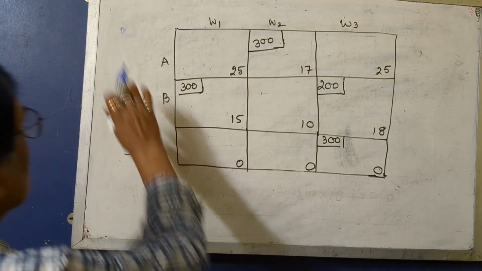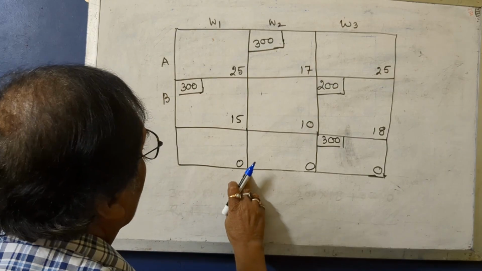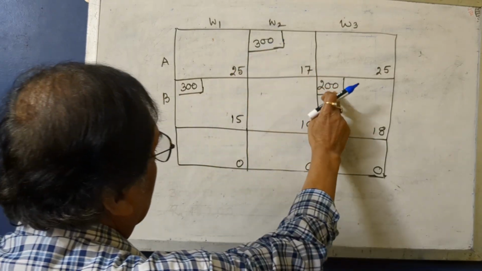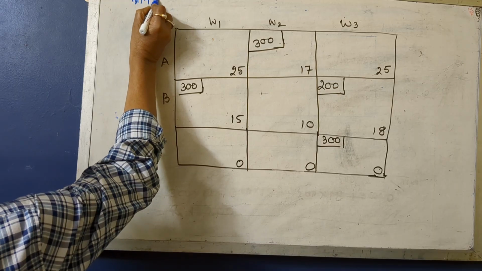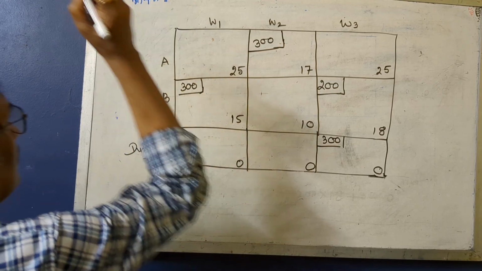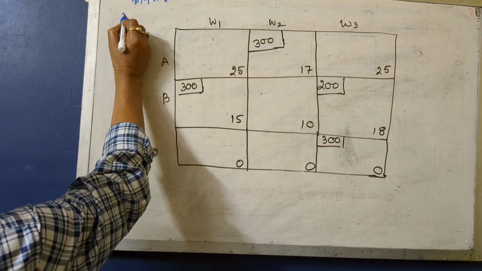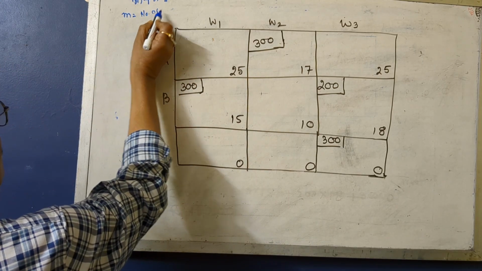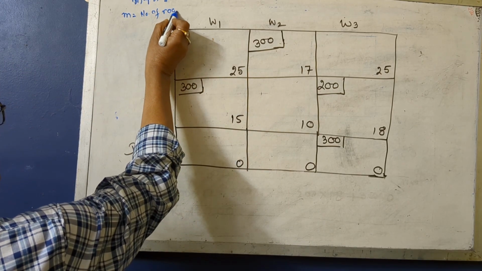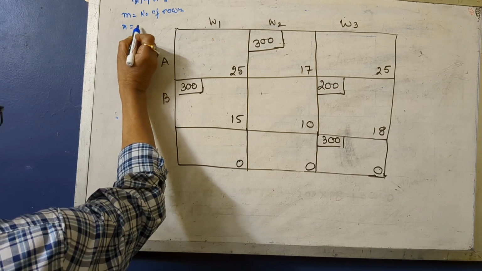Now, how do we proceed? First, you have to check the total number of allocations. The total number of allocations must be m plus n minus 1, where m is the number of rows and n is the number of columns.